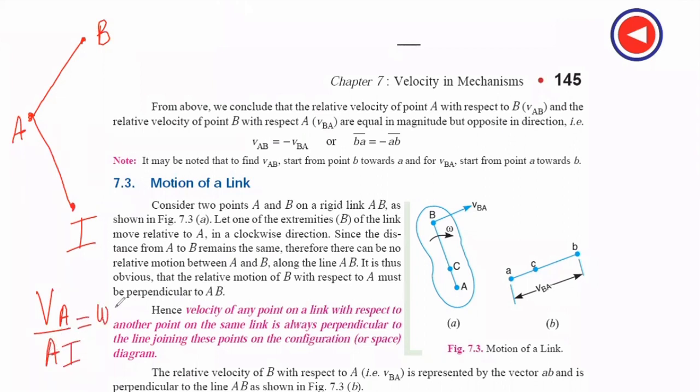This thing we discussed in the previous classes. The examiner used to give omega AB indirectly. He used to give the RPM, so 2 pi N by 60. This is how the angular velocity can be calculated.